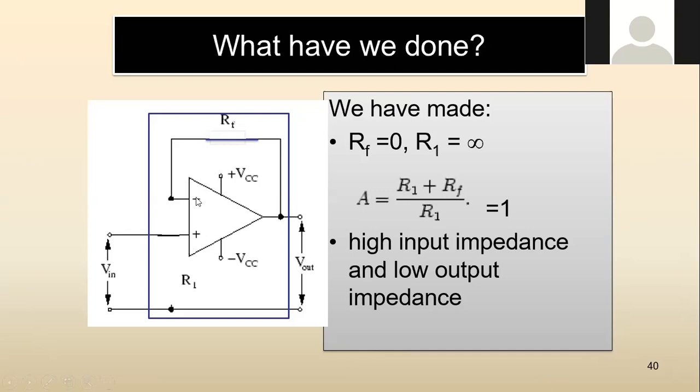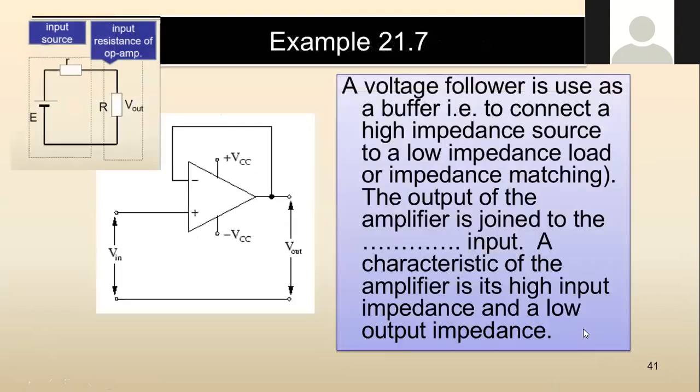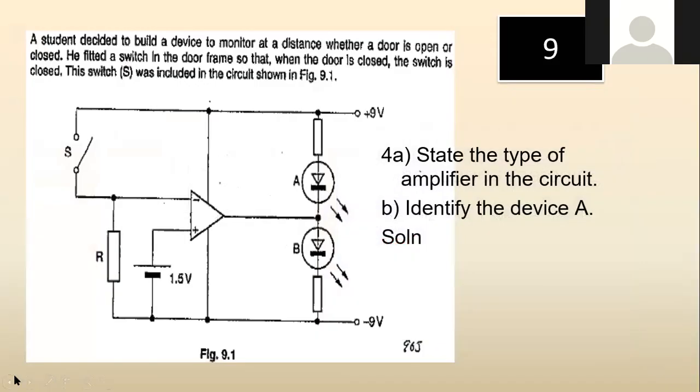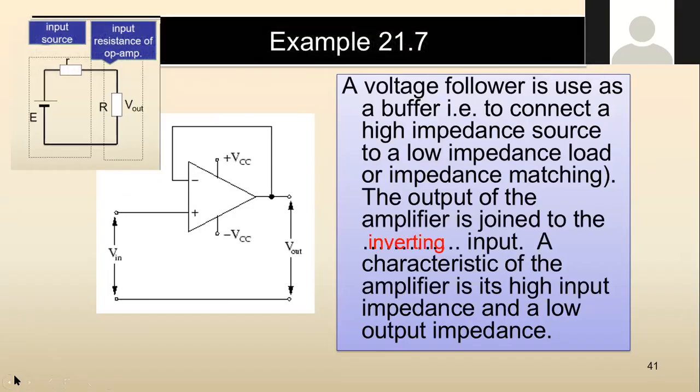Right? So the advantage of this one is that it has high input impedance, low output impedance. Okay, so a voltage follower is used as a buffer, that is to connect a high resistance source to a low resistance load, or impedance matching. The output of the amplifier is joined to the inverting input.